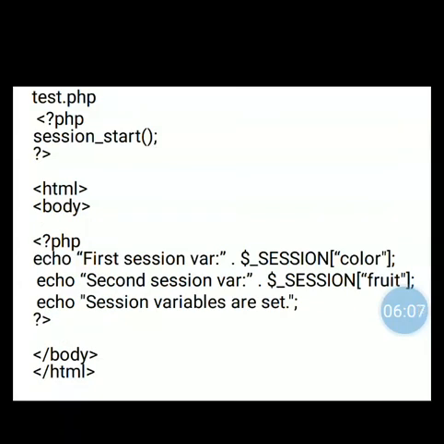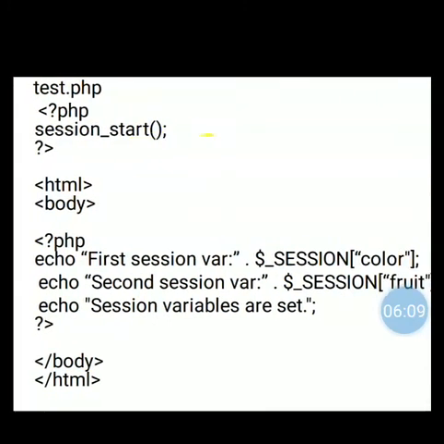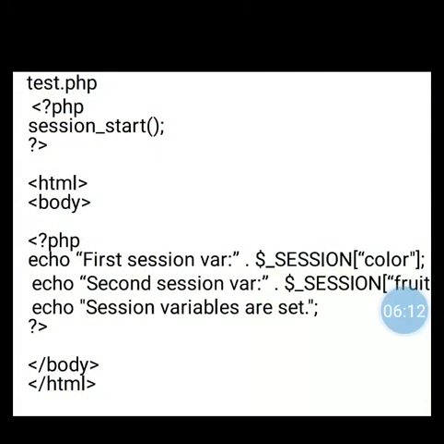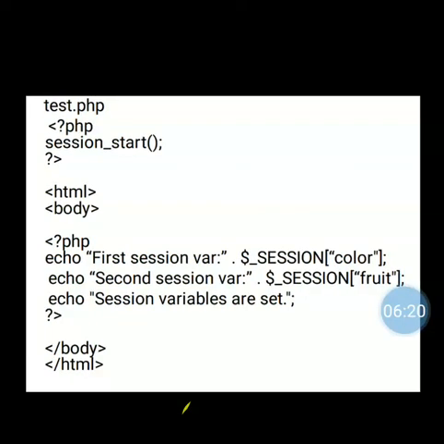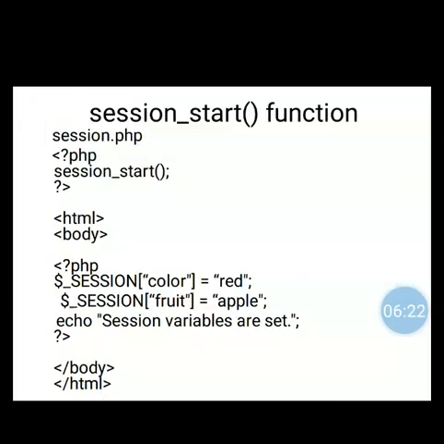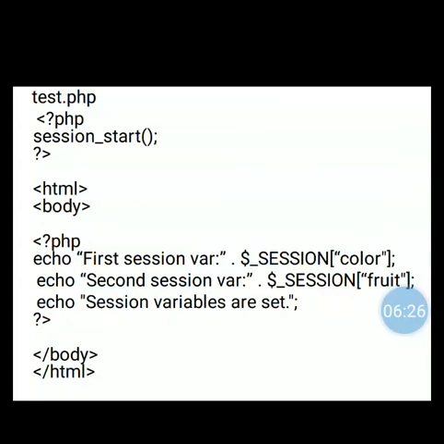It is due to session_start that we have written on the top of test.php. If we do not write this session_start, our PHP script on test.php will not be able to fetch the value of session variables that are on session.php. All of the session data is stored using the session_start function, because session_start creates a session.